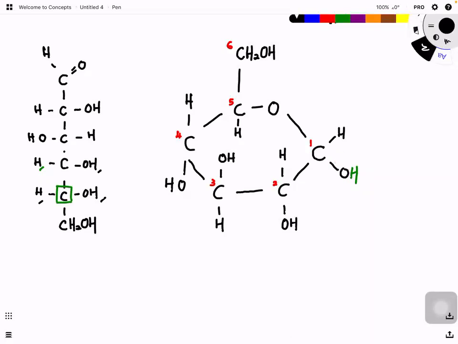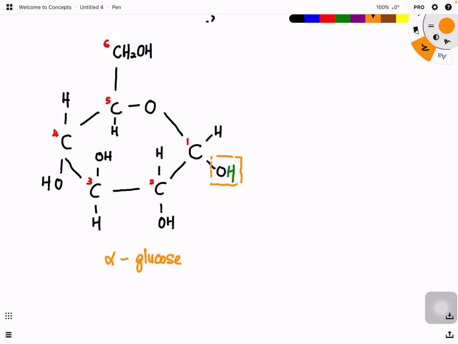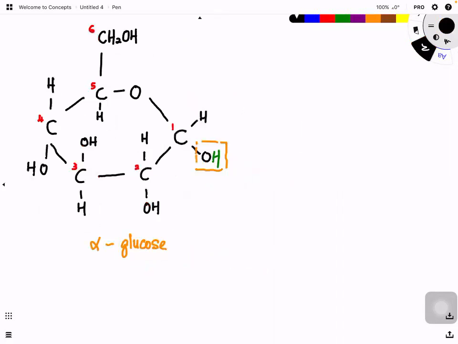Do you realize that now my OH group is below the ring? So this is how we form the alpha glucose. In the simple structure, when you draw alpha glucose, you can skip the carbon. You draw a ring structure, a hexagon with the O at the back.